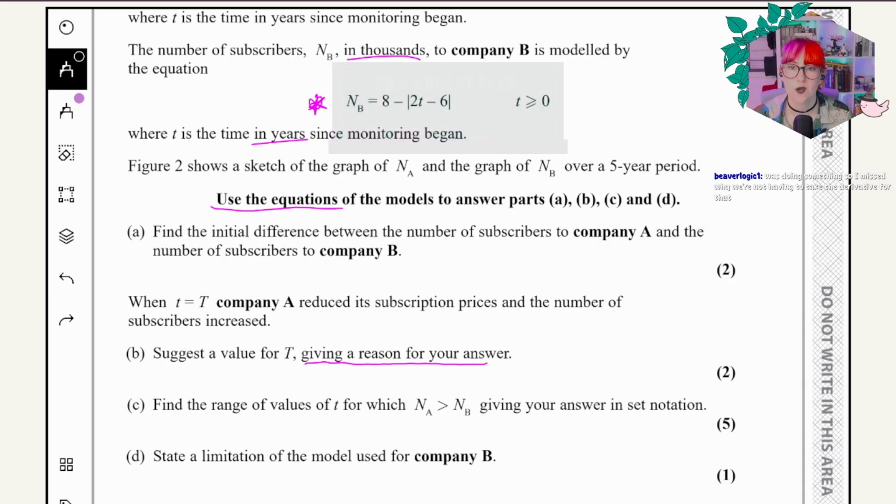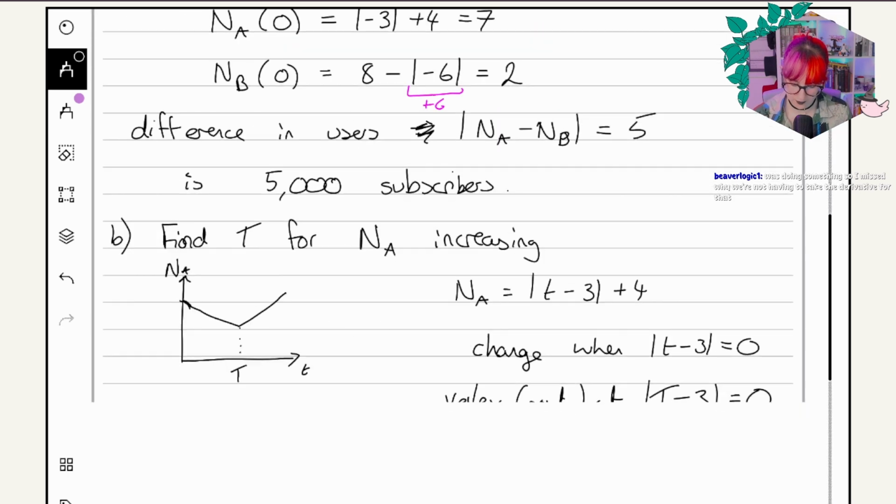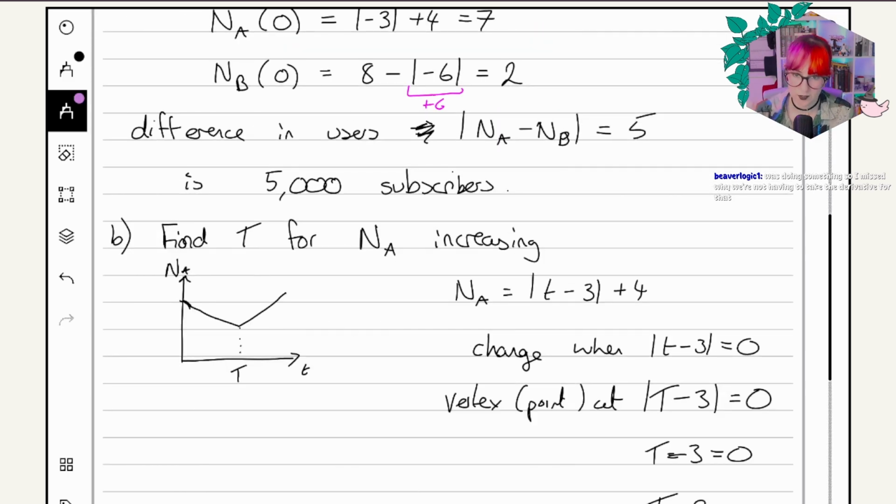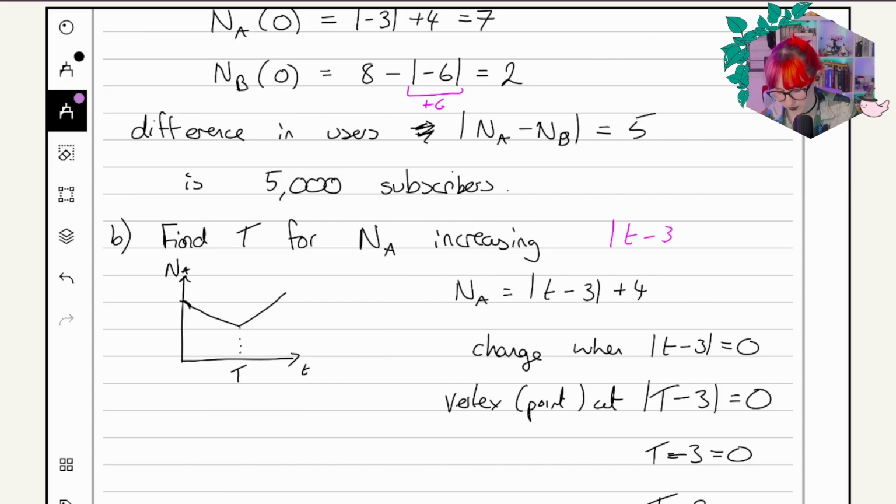Was doing something, so I missed why we're not having to take the derivative for that. So basically just from looking at it, but also realizing that we're always adding positive numbers, right? Because it's the absolute value of T minus 3, that's always positive.